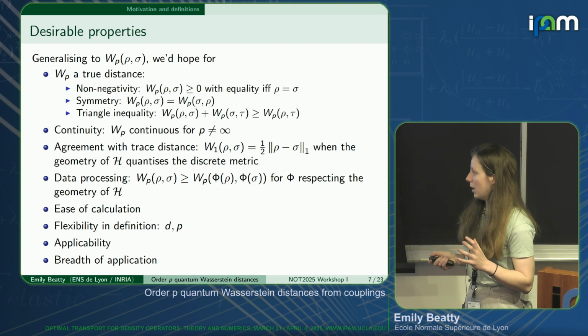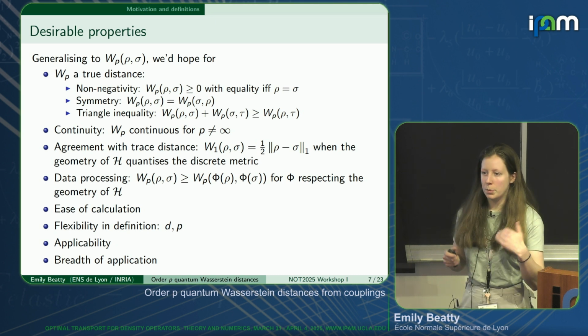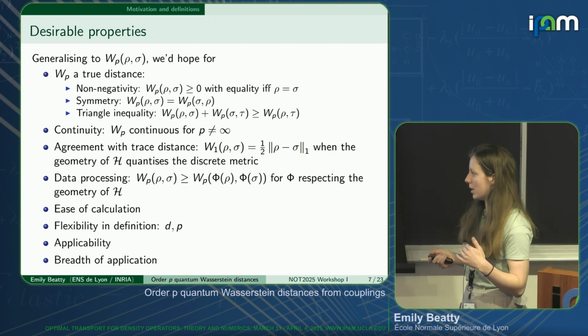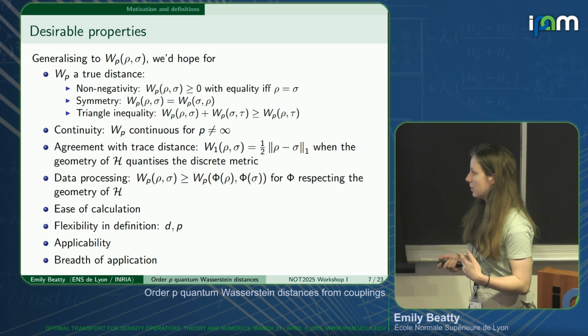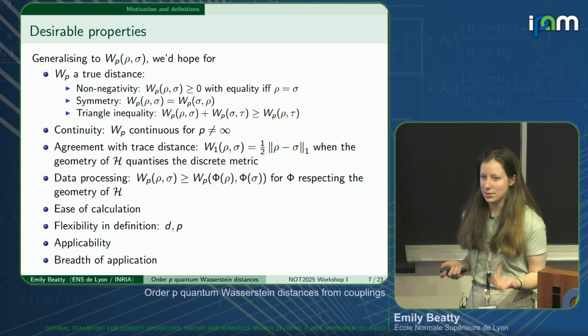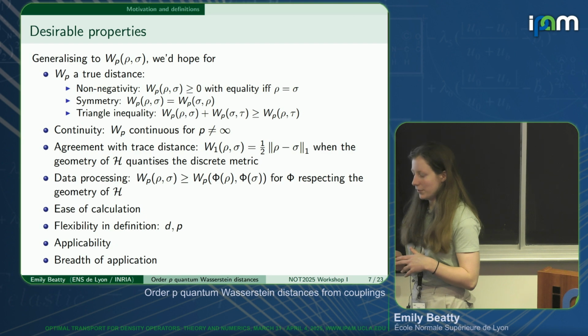So in particular, it could be very important that your distance be flexible in both the underlying geometry that you apply to your system and also the order p with respect to which you define it. And then, of course, the main aim is that we recover some of the classical applications of these distances.